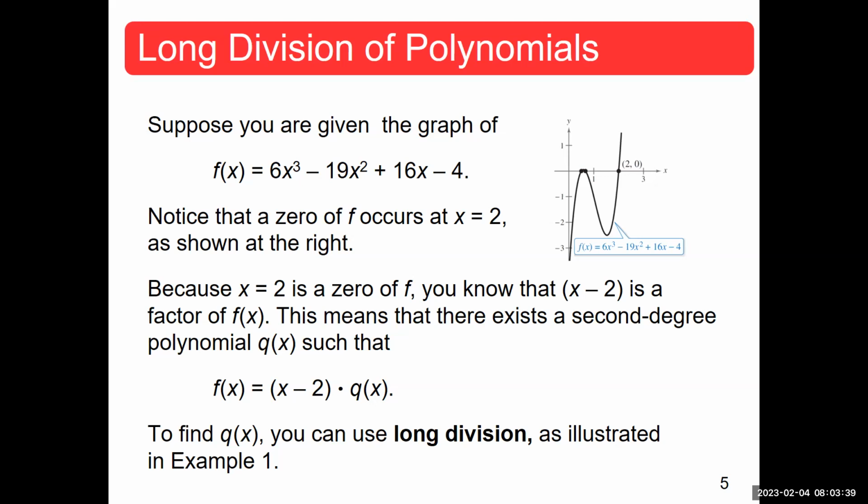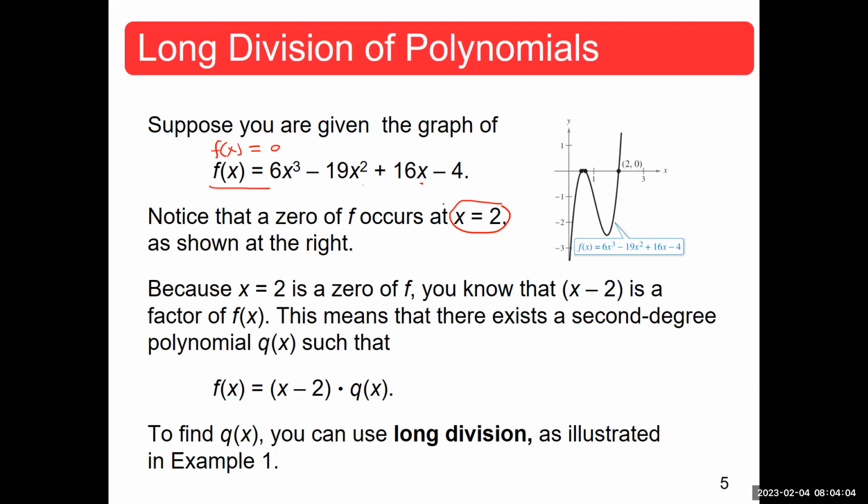Like if we have this function. It happened when x equals 2. So f of 2 will be 0. If we plug it in everywhere, the answer is going to be 0.